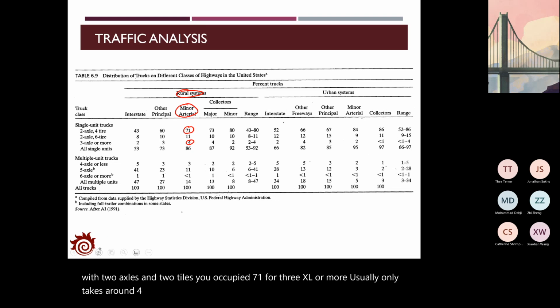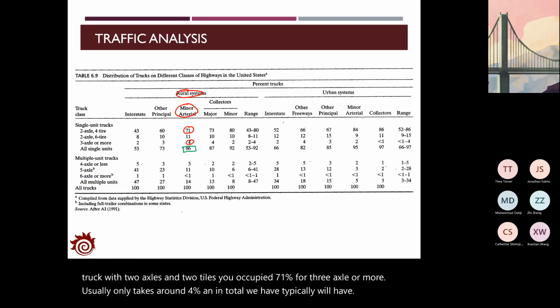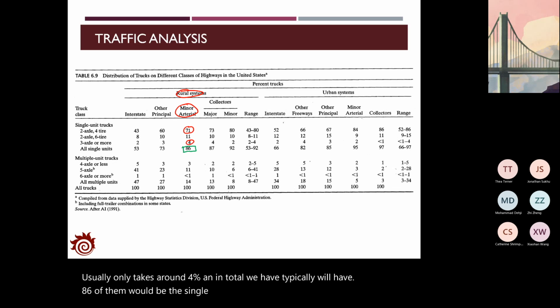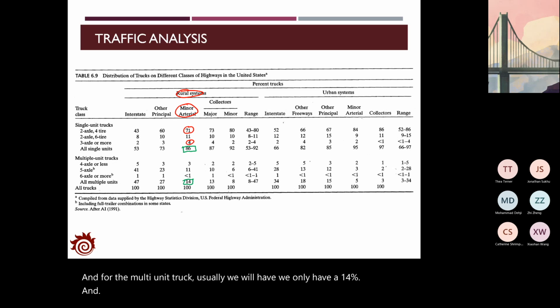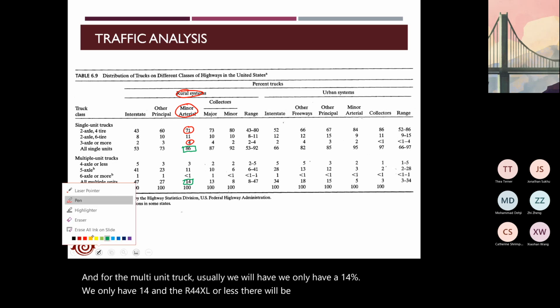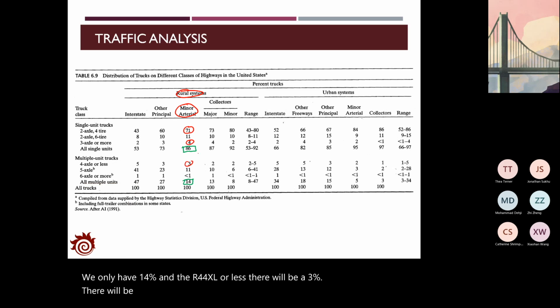And in total, typically 86% of them would be single unit trucks. And for the multi-unit trucks, usually we will only have 14%. For 4 axles or less, that will be 3%, and for 5 axles, that will be 11%, and so on.